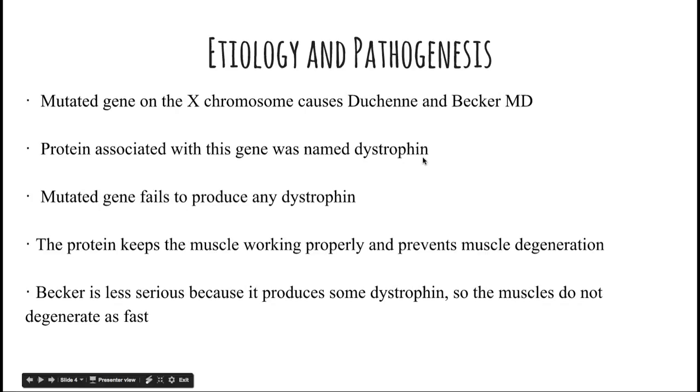The mutated gene fails to produce any dystrophin, the protein that keeps the muscles working properly and prevents muscle degeneration. Becker is less serious because it produces some dystrophin, so the muscles do not degenerate as fast. But Duchenne's produces no dystrophin. And as we have learned, dystrophin is what keeps the muscle fibers intact.